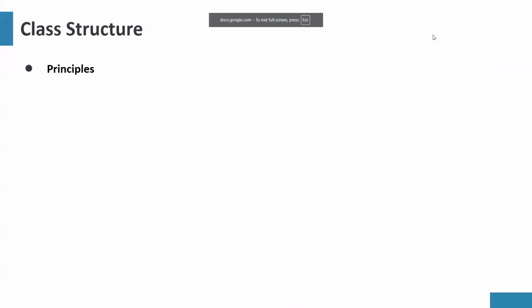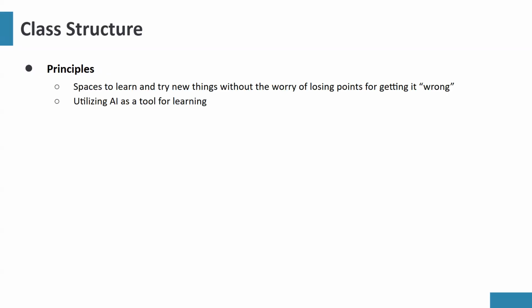Okay, so first things first, I want to take us a step back to the beginning of class, first day, when we talked about the class structure. Because I think it's helpful to remind ourselves about where I'm coming from and how I'm trying to set the class up. Some principles I tried to follow: let's create spaces where we can try things, explore things without the worry of losing points.